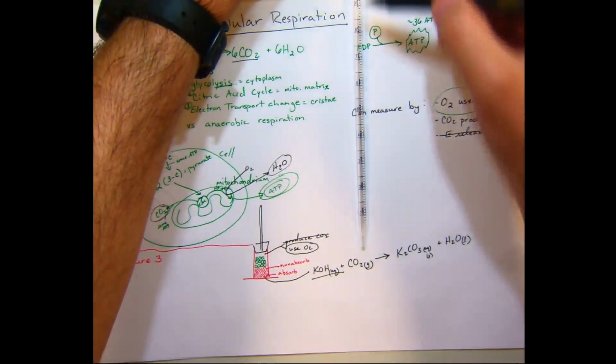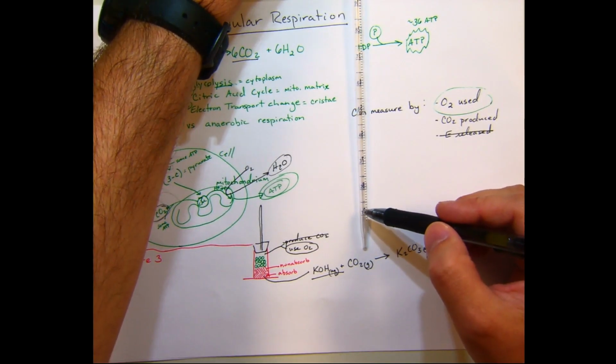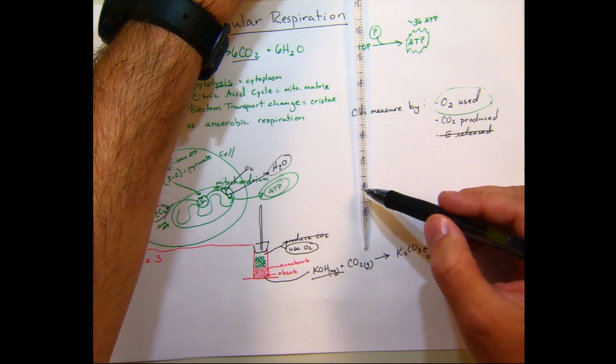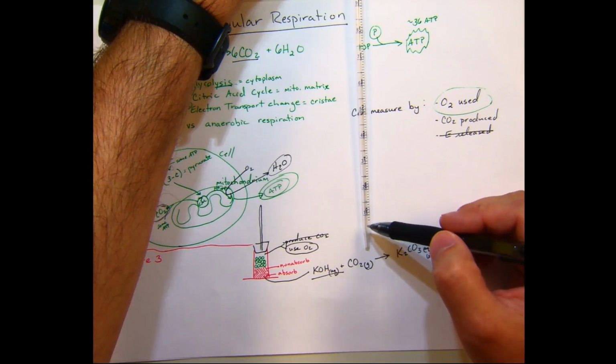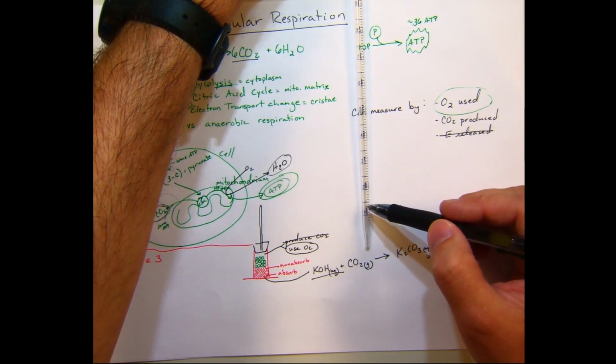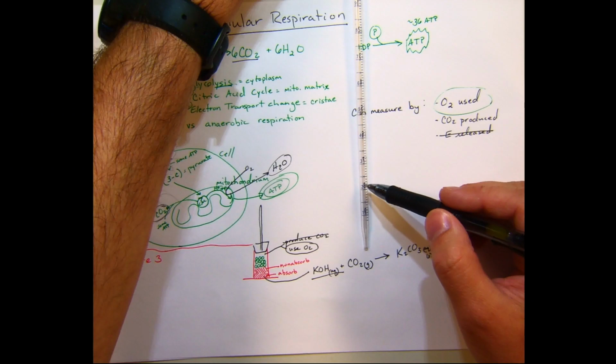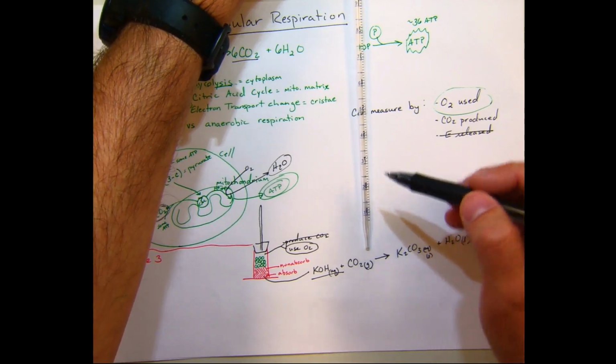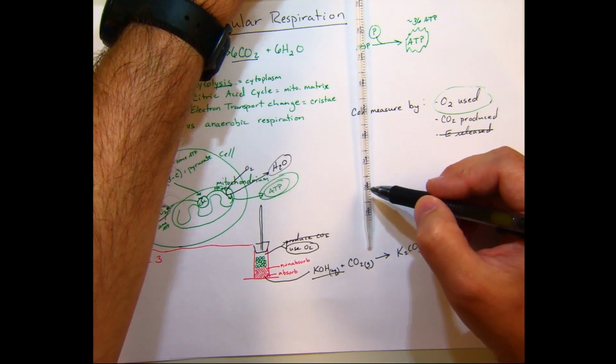All right, if all of this is 1 millimeter in this pipette, we have 0.1 of a millimeter, a tenth of a millimeter, 0.2 of a millimeter. If water is being sucked up into this pipette, that's telling you how much oxygen is being used. You need to be sure you're reading the correct part.